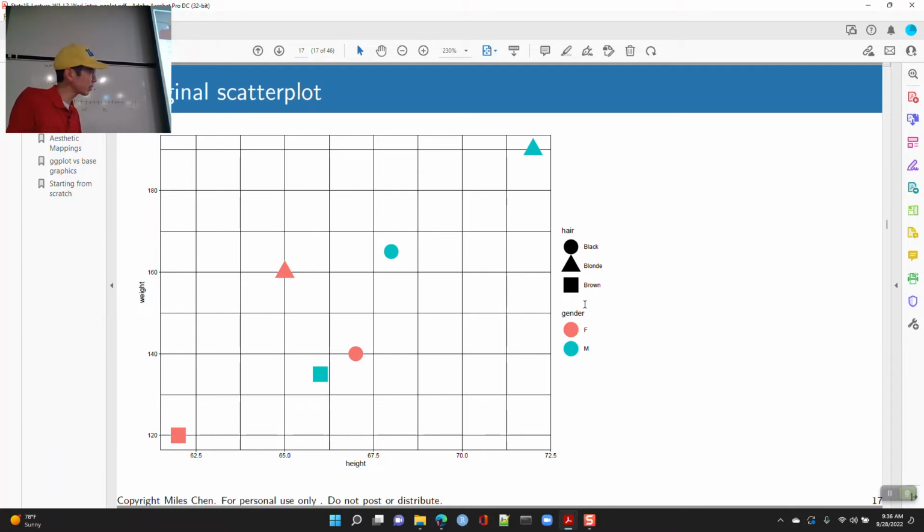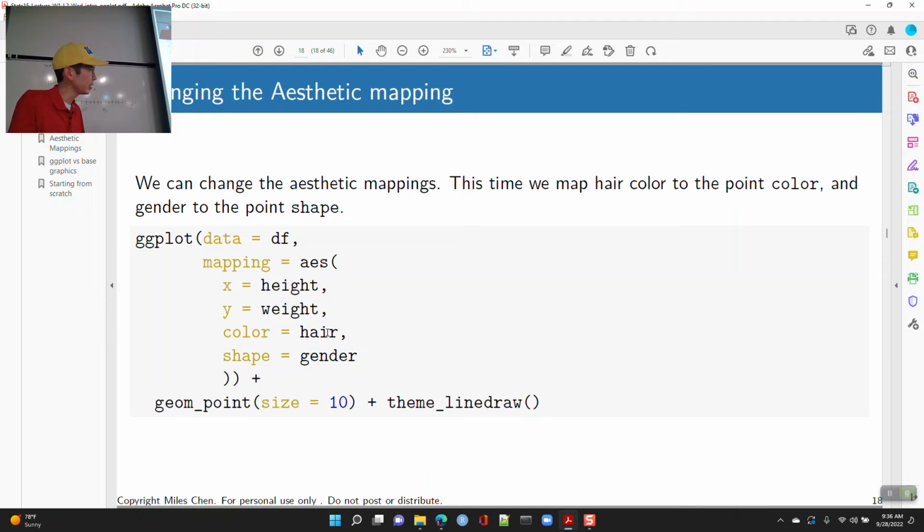What if I flipped that around? What if I flipped this around and I've said hair color gets mapped to the color, and gender gets mapped to the shape? How would that affect the plot? What would we end up seeing? Yeah.